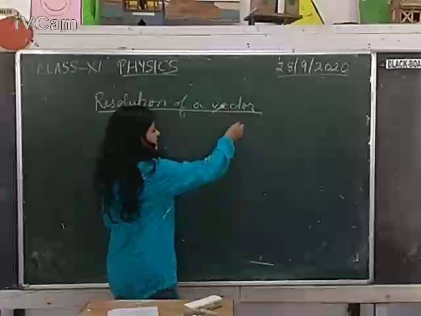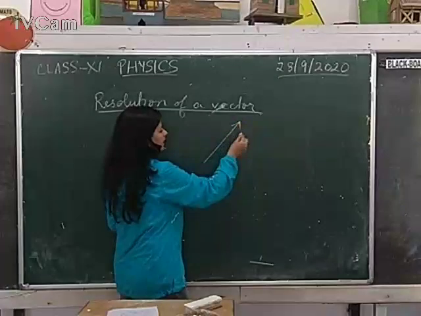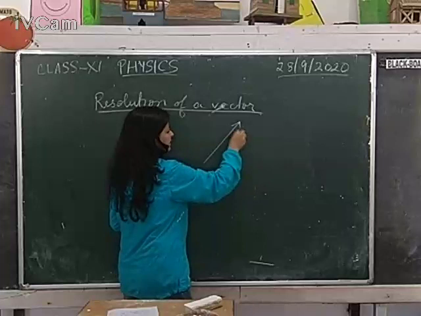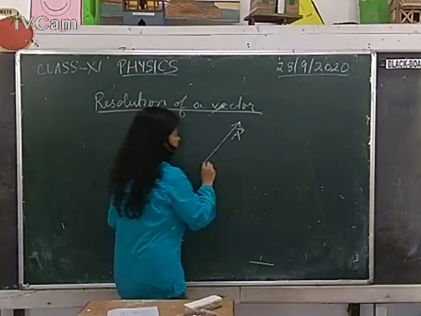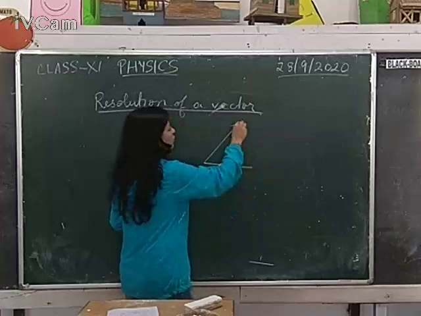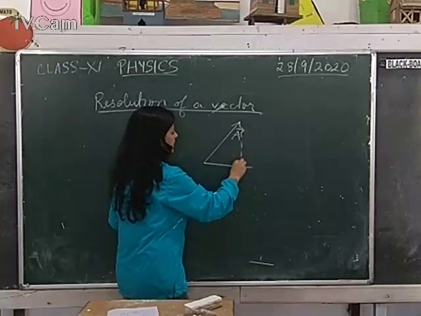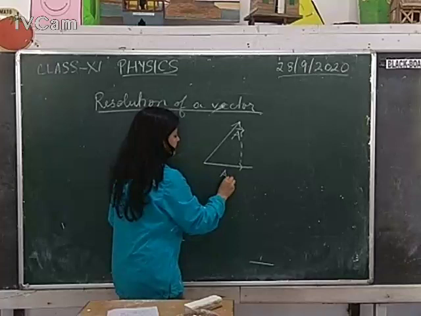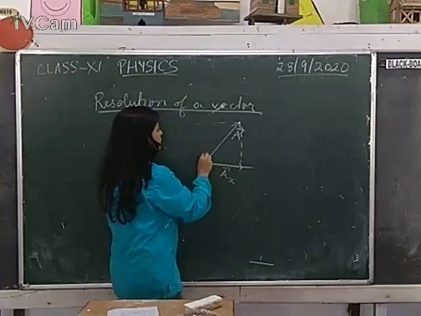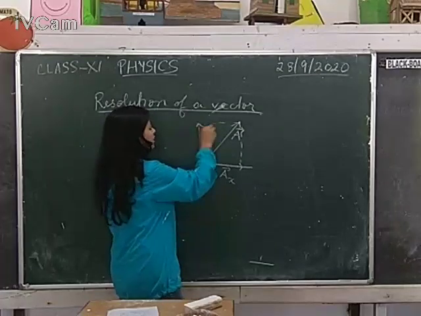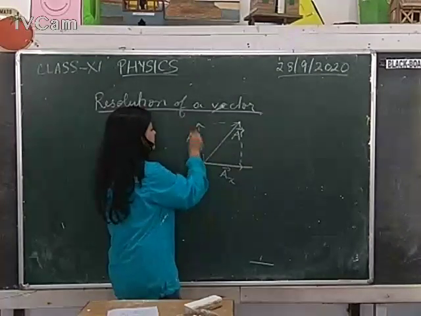Say you have a vector A in the xy plane. It is oriented in between x and y. So it will be having two components, one along the x-axis, we name it as ax, and the other component of the same vector along the y-axis, we name it as ay.